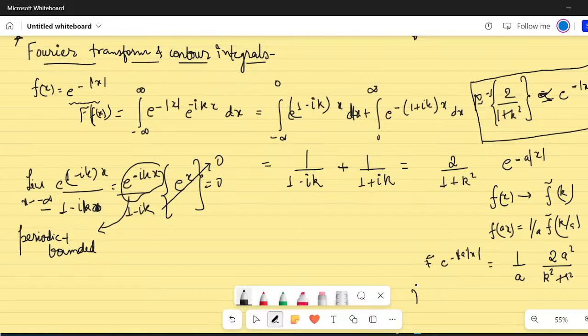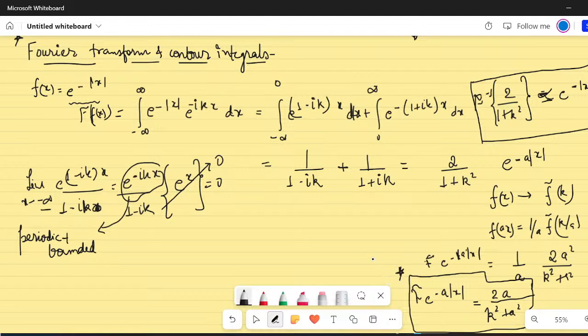So I know the Fourier transform of e to the power minus a modulus x is 2a divided by k square plus a square. This is how you write your Fourier transform.